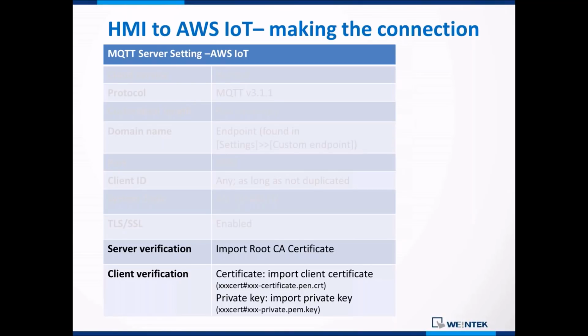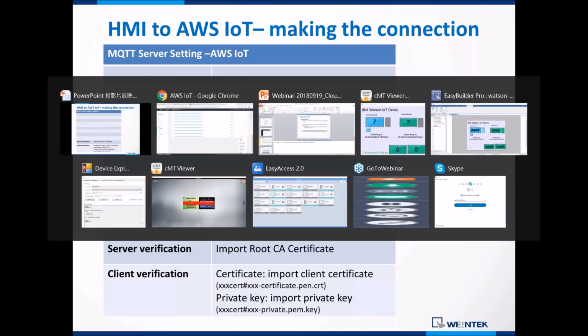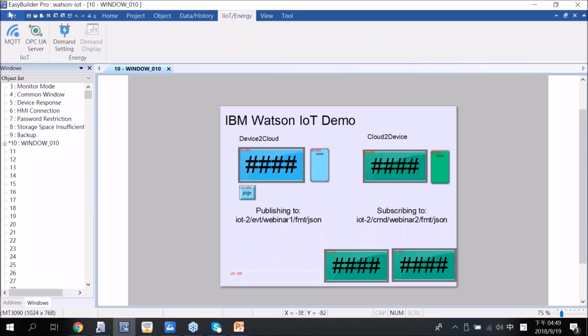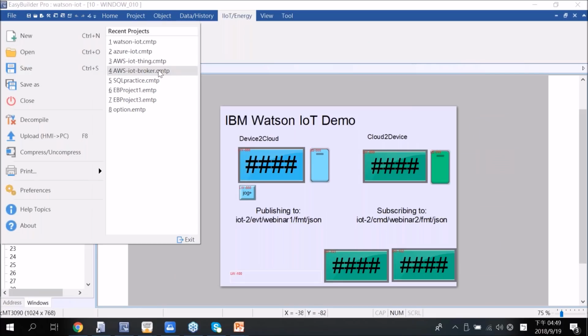In eViewer Pro, you have to set up the server verification and client verification for connecting to AWS. I will show you right here how this is done.